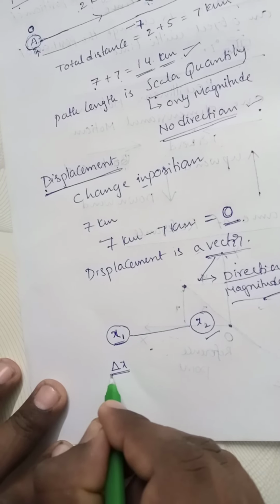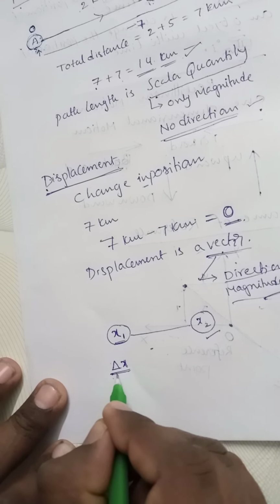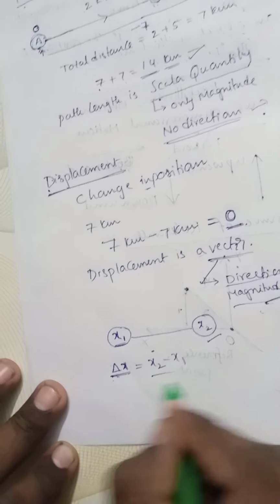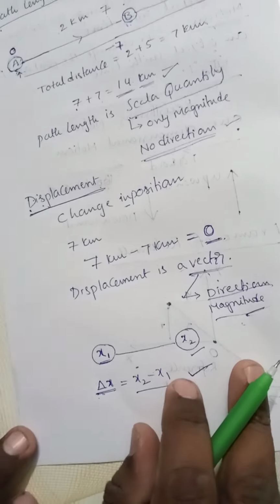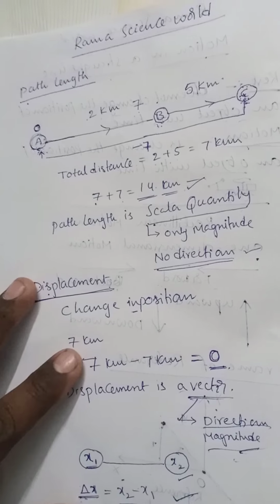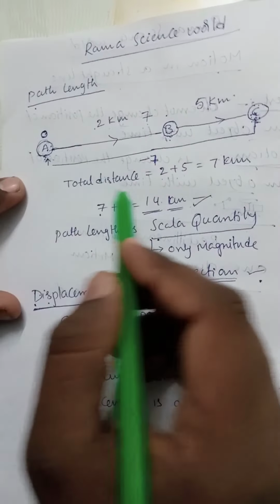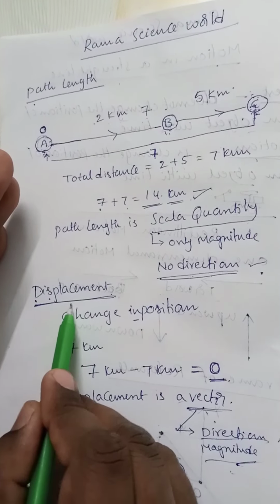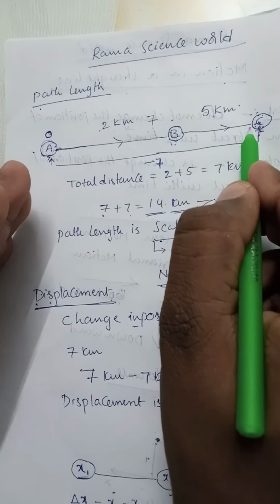Delta is the difference, a Greek letter. The difference, that is x2 minus x1, is the displacement. In this case, you must observe that path length and displacement are the same only for one direction.